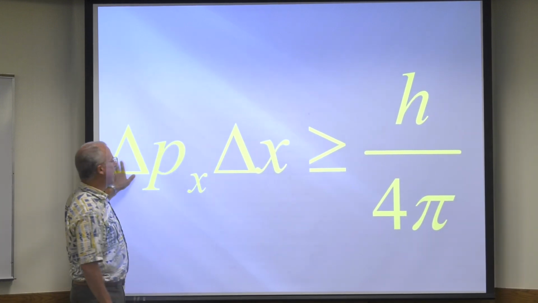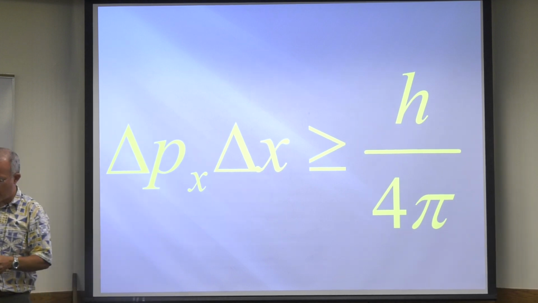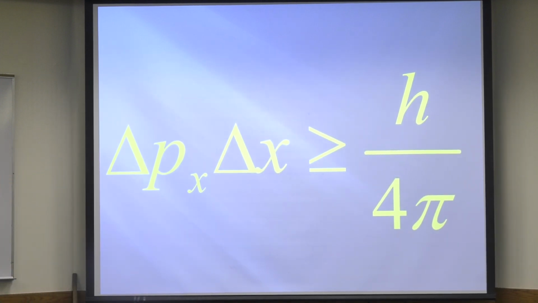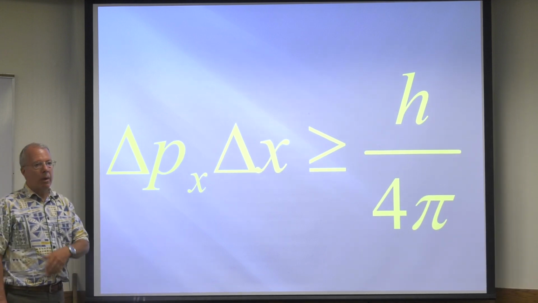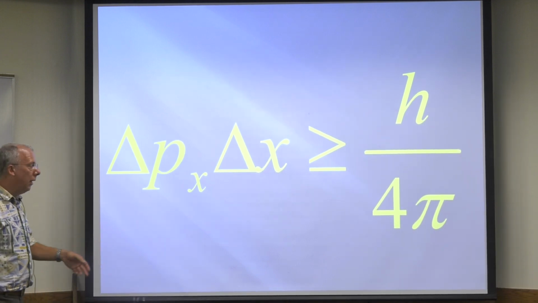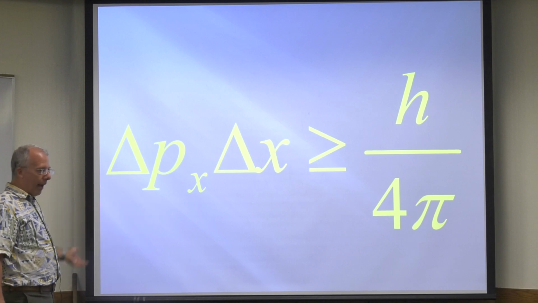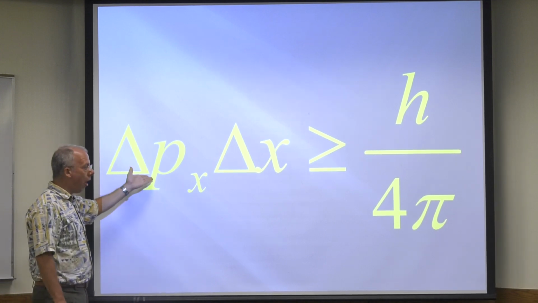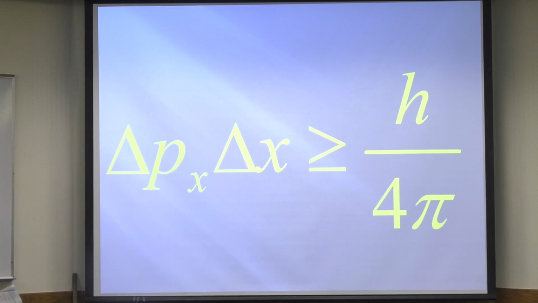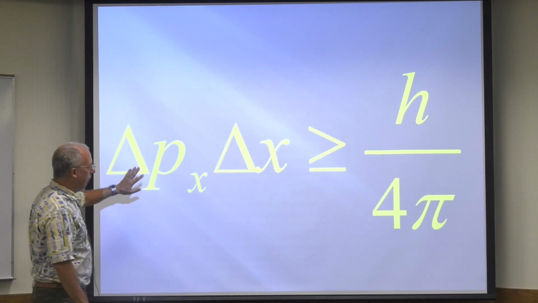We're never going to know exactly its momentum. There's always going to be uncertainty, and this has nothing to do with how smart we are, what kind of computing power we have, or what kind of experimental apparatus we have. This is a fundamental law of nature, just due to the wave-like nature of matter.